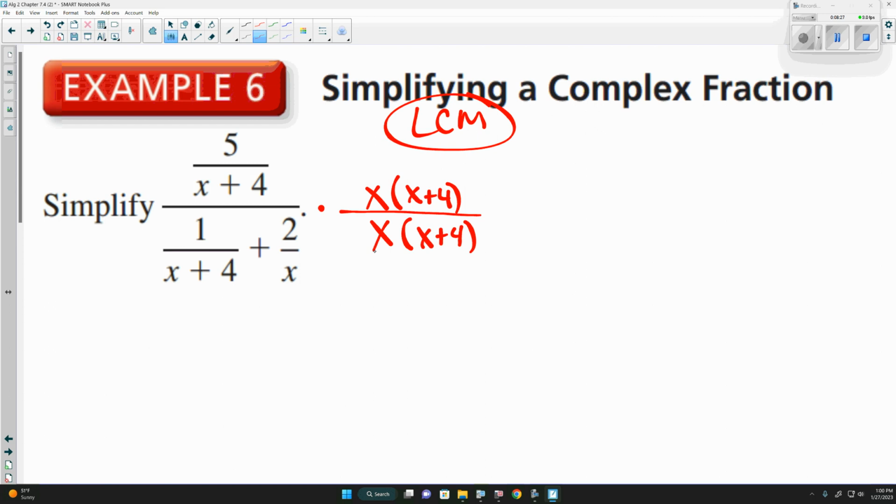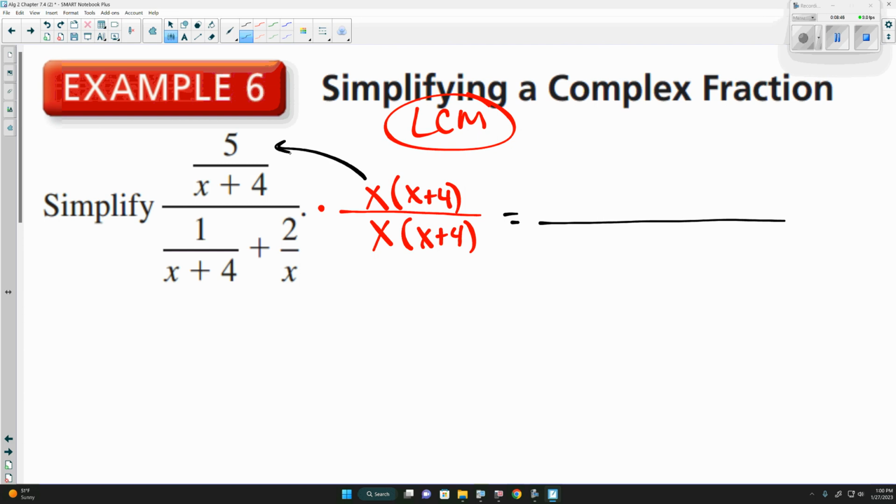And for us here, that's x times x plus 4. And that's the second method. That's the key to the second method here, is multiplying the top of the fraction and the bottom of the fraction by something that will make every single fraction on top and bottom cancel out.